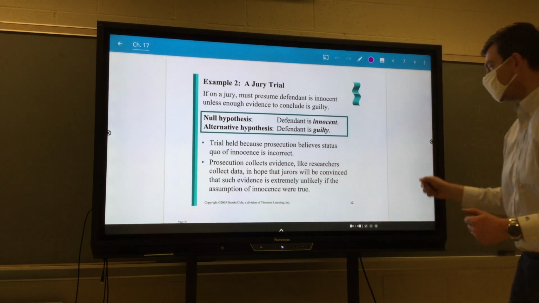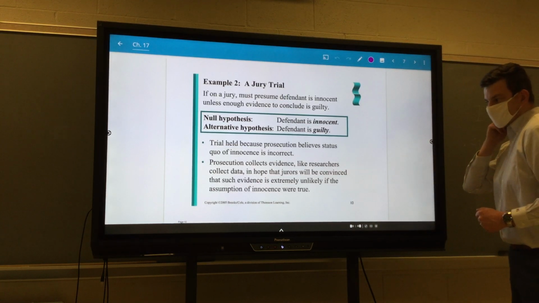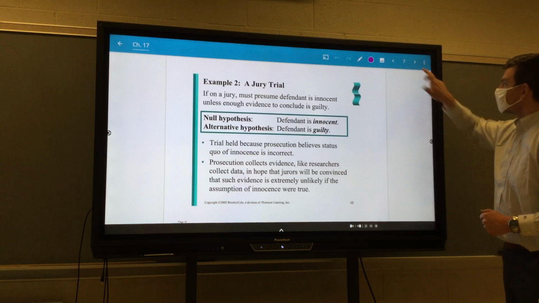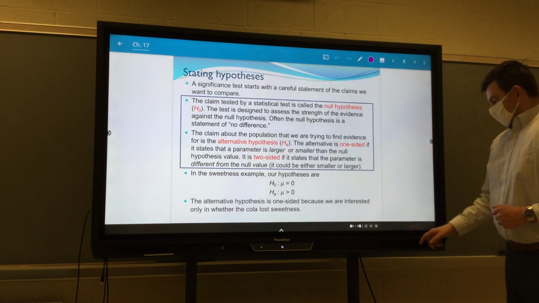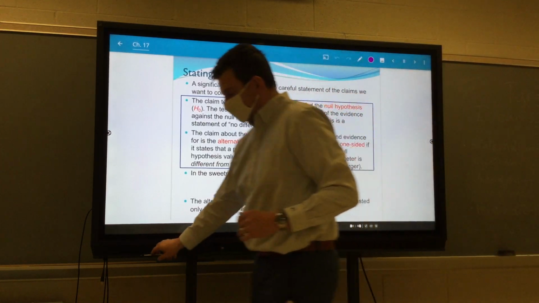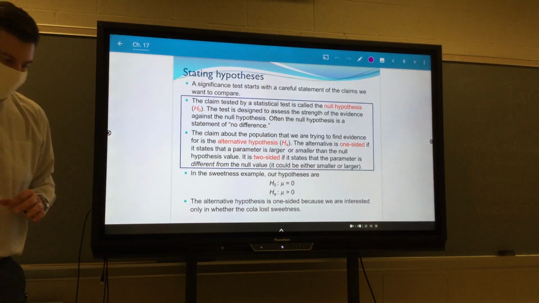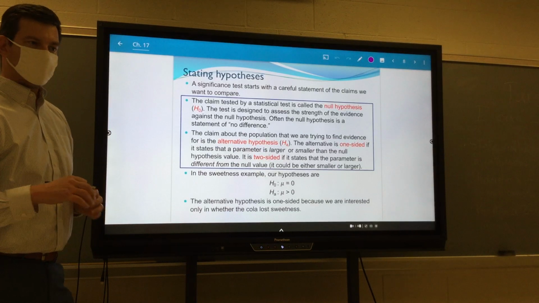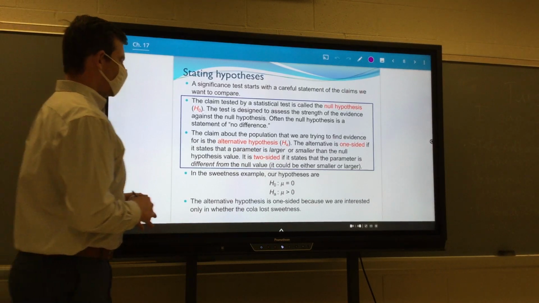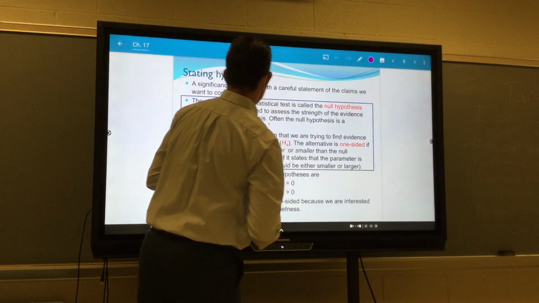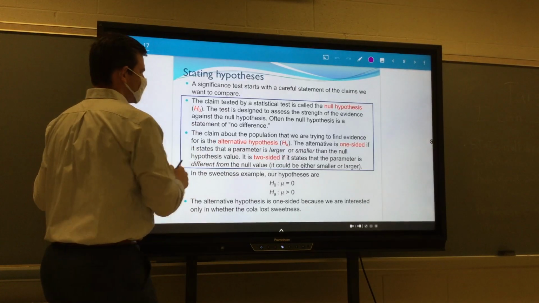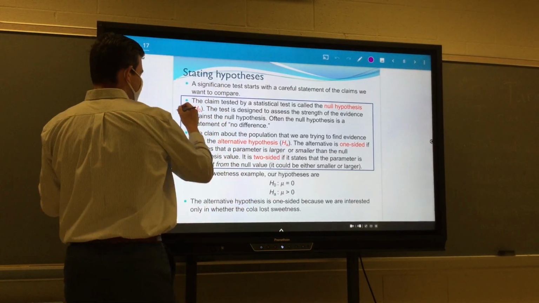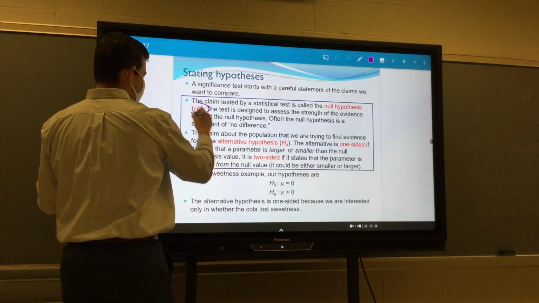We'll revisit that in the coming weeks. This assumption about what's currently true is called the null hypothesis, and it is represented by this symbol, H sub 0.